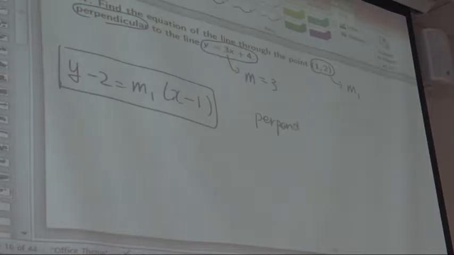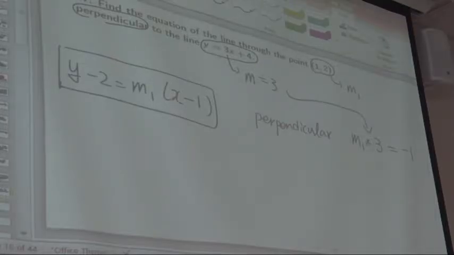So y minus 2 is m1, x minus 1. That is our line, but this is perpendicular. Perpendicular means m1 times 3 is equal to negative 1.